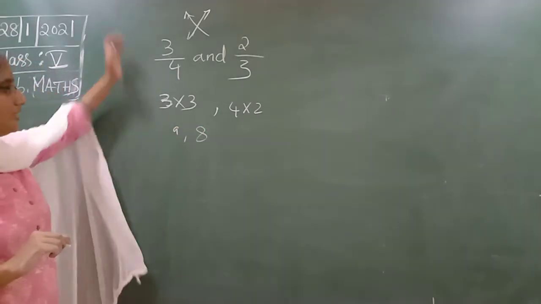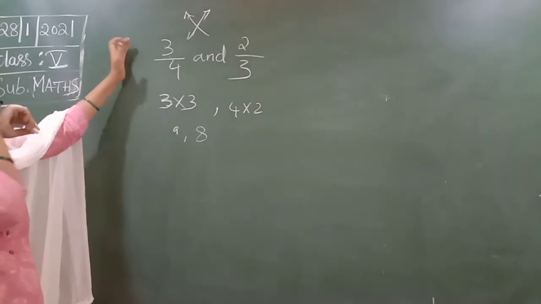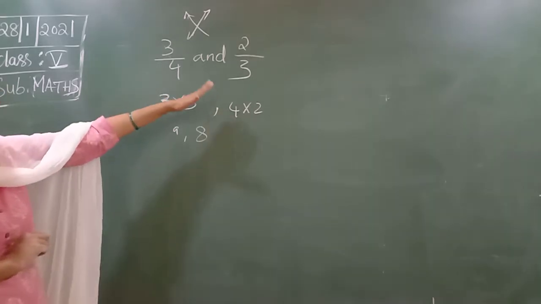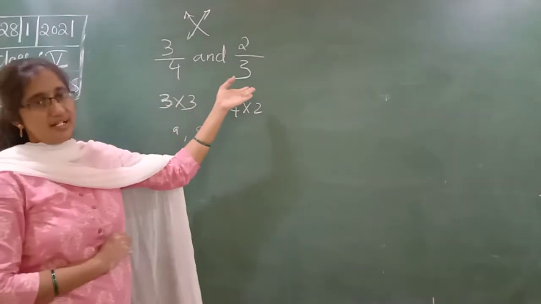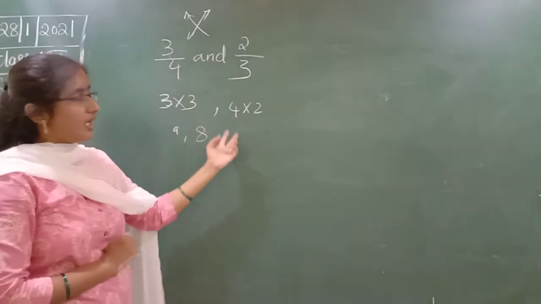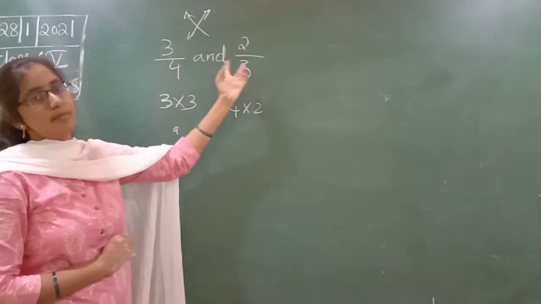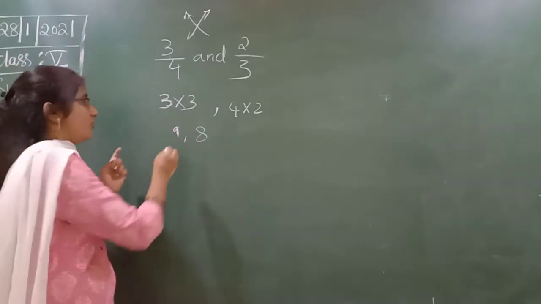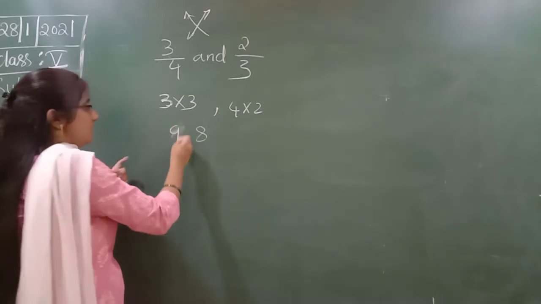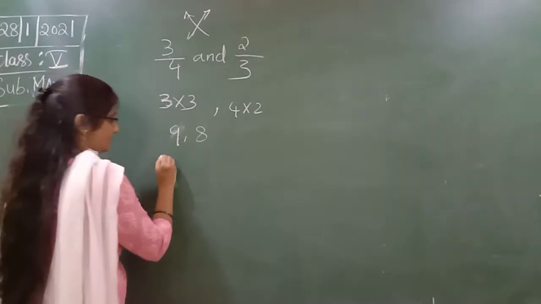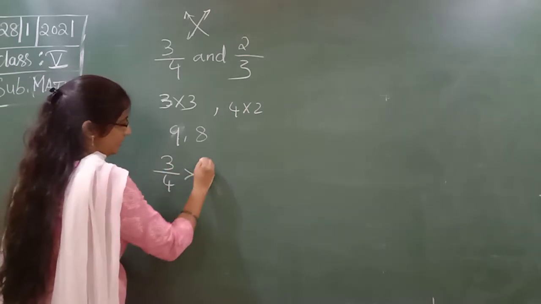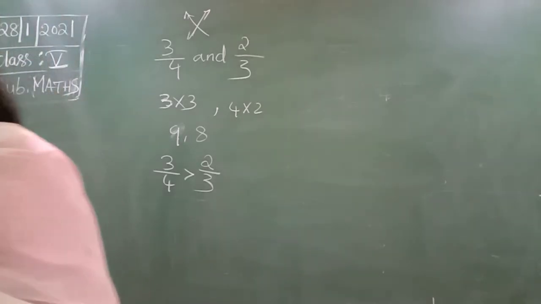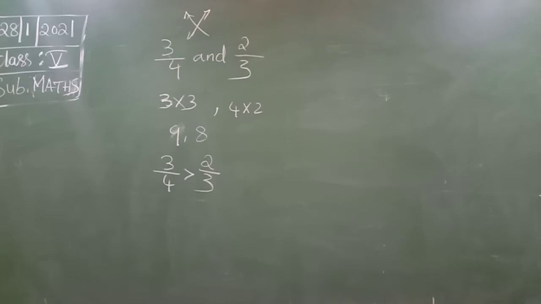If this side is bigger, then that fraction is the greater one. If the number on this side is greater, then the first fraction is greater than the second. Now we got 9 and 8. The first fraction is greater than the second fraction. That is, 3 by 4 is greater than 2 by 3.